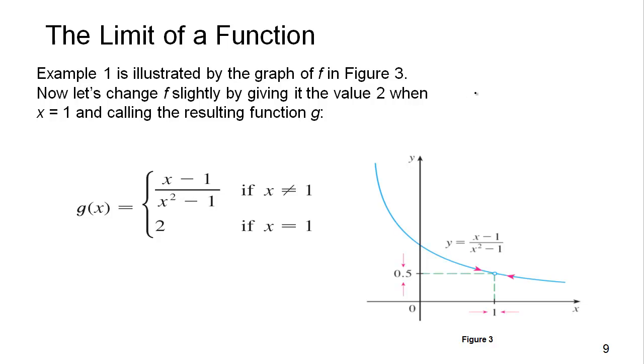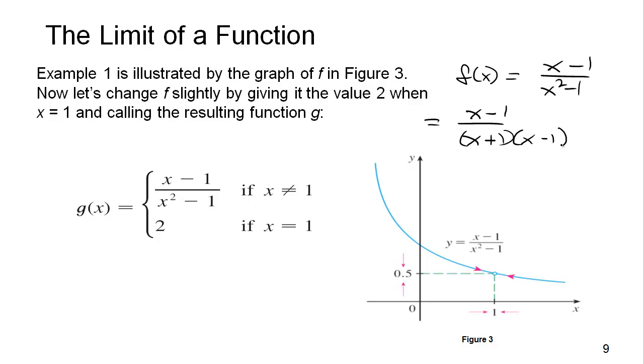We could even go so far as to look at the function reduced, because x squared minus 1 reduces to x plus 1 times x minus 1. Then these factors algebraically cancel, and this would be equivalent to 1 over x plus 1.